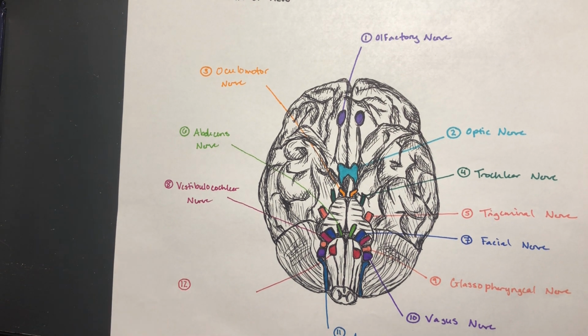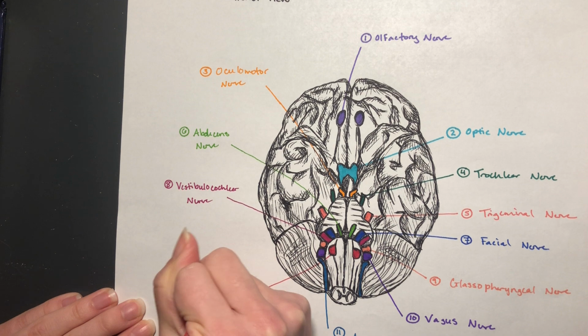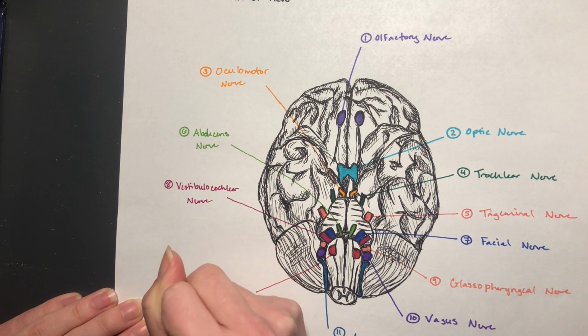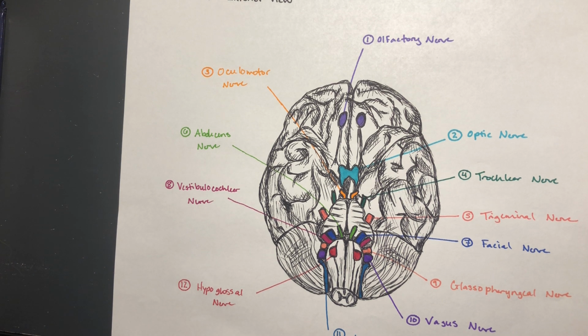And our last pair of nerves in our 12 pairs is the hypoglossal nerve, which is right here, and it controls muscles in the tongue.